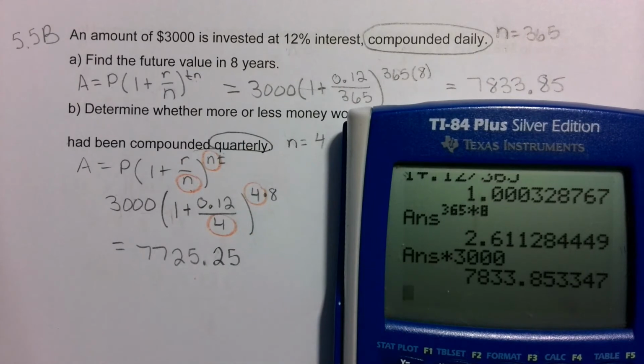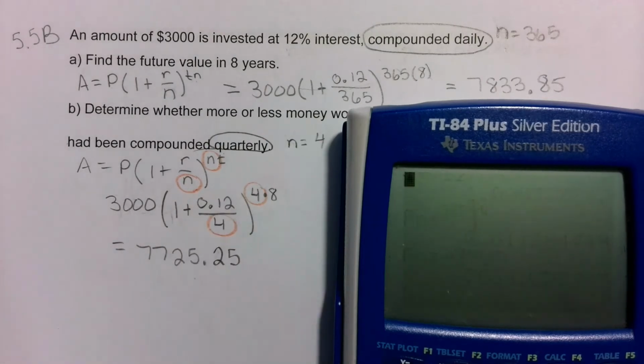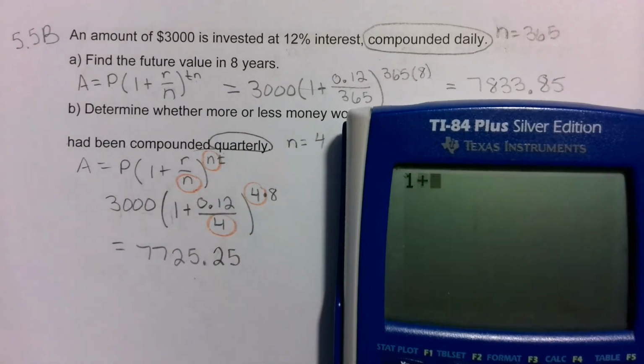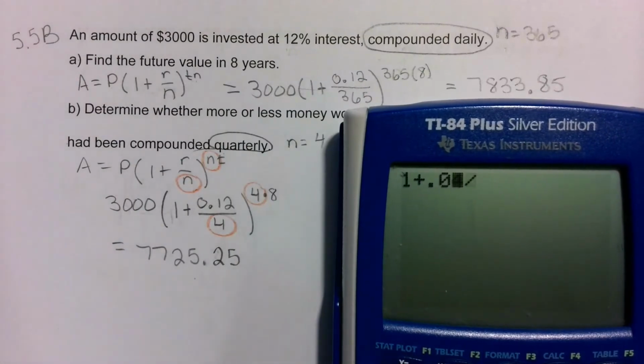Well, let's put that in and see what we get. Again, I want to put the parentheses part into my calculator first. So that's going to be 1 plus 0.12 divided by 4.